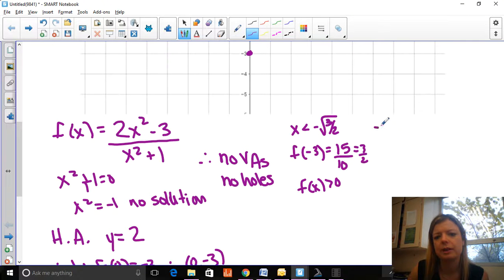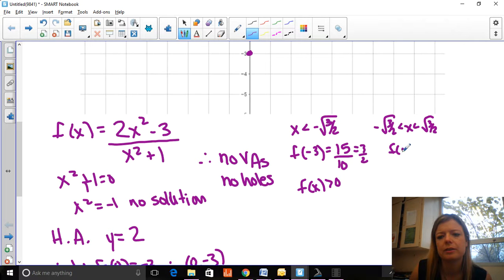Okay, now I'm going to check between the two zeros, and I already know based on my y-intercept that it is negative, but I just need to show that. So f at 0 is negative 3, so therefore f of x is negative. Okay, and then after my 0, so x is greater than root 3 over 2, I'm going to put in 3.